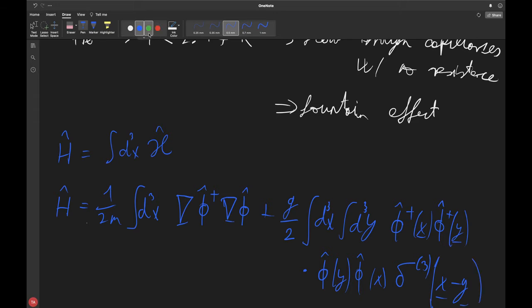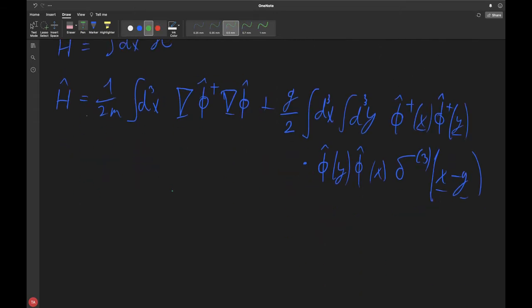In the next step, we should quantize this. So that means that we essentially put it into a box. So quantizing means that we put it into a given volume.